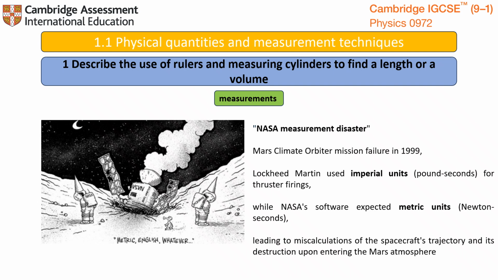So Lockheed Martin used the imperial units and NASA used the metric units. Because of this, there was a mix-up in the software and it resulted in a big disaster with the satellite getting destroyed. So this is the importance of measurements and proper measurements being used with the proper units.